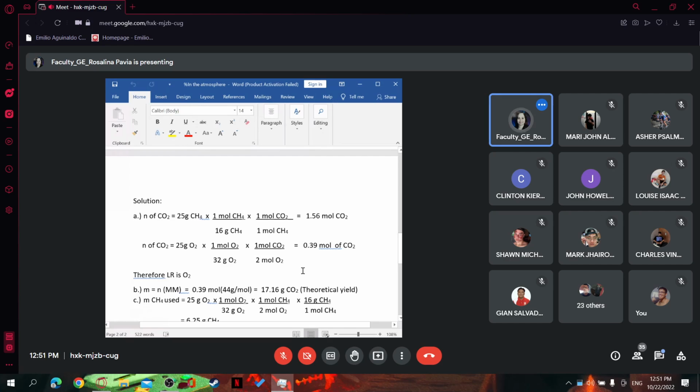Pwede rin naman mass. I-apply mo dito. Tapos yung mass, convert mo sa mole. Kasi 25 grams, di ba? 25 grams. Tapos ang product mo CO2, yun ang hahanapin mo. So, mass 25 over 1 times 16 equals X over yung coefficient ng carbon dioxide times 44. Ganon din. Applicable, mole or mass, pwede. Thank you po.